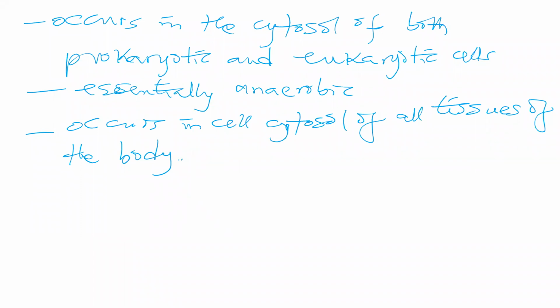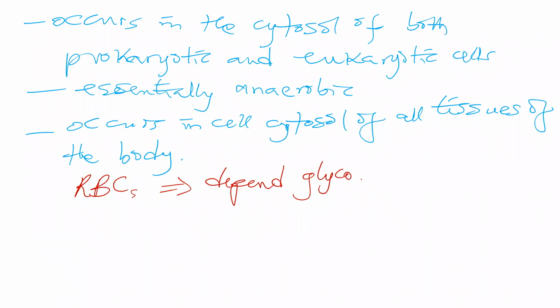Cells such as red blood cells, which are devoid of mitochondria, depend entirely on glycolysis to produce ATP, because they do not have mitochondria.